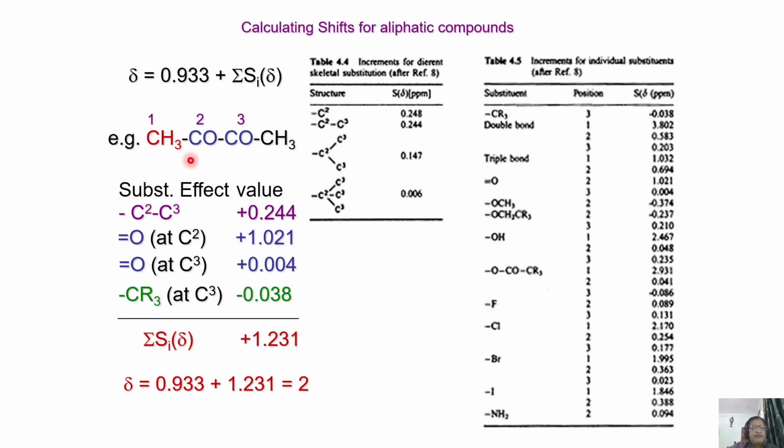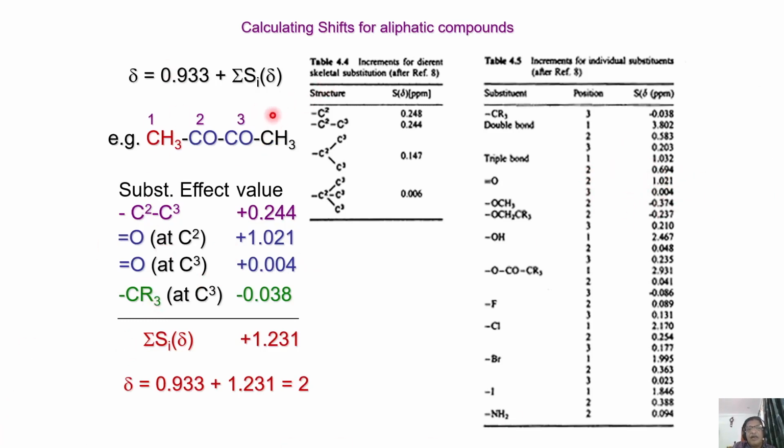Okay, predicted chemical shift. Now for this molecule, for example, the substitution effect for C2, C3 is 0.244. For oxygen at C2 it is 1.021. You can see oxygen at position 2, 1.021. Oxygen at position 3, 0.004. See, 0.004. Take that value.